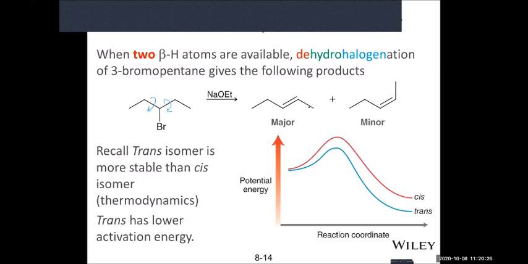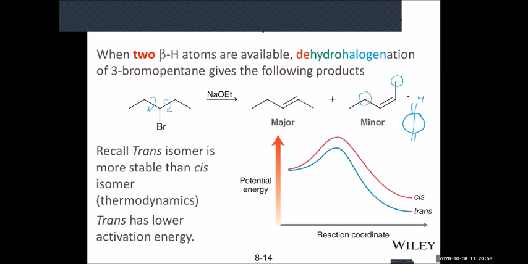The reason is that in the cis, there's a steric repulsion between these two, because they are close. When you have two alkyl groups in the cis configuration, if you look at the Newman projection, it gives a fully eclipsed structure.